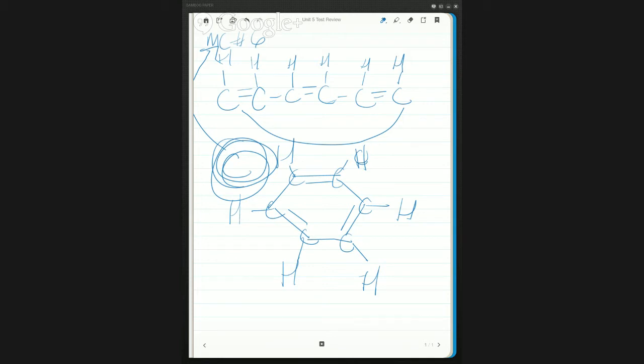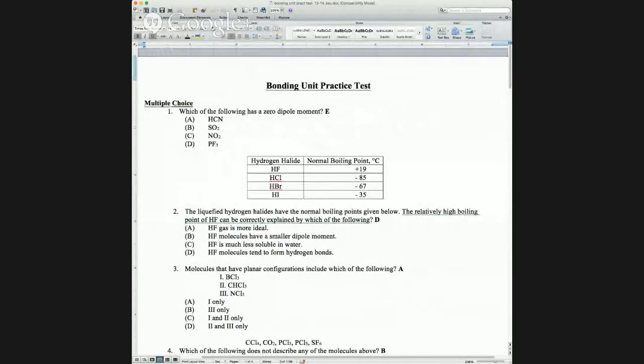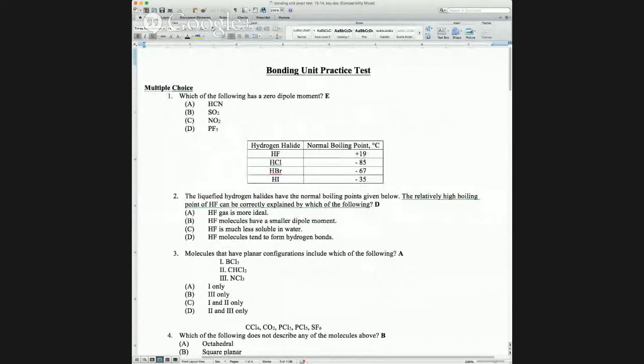Joanne has a question on number 1 on the multiple choice on the practice test. Let's go look at that. Which of the following has zero dipole moment? And we have HCN, SO2, NO2, and PF5.